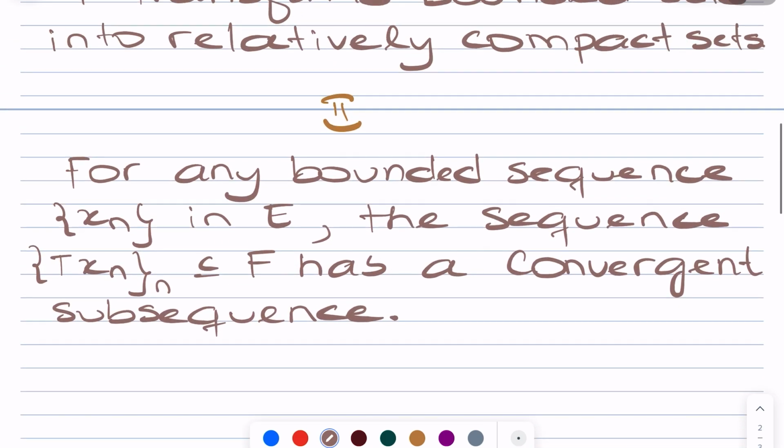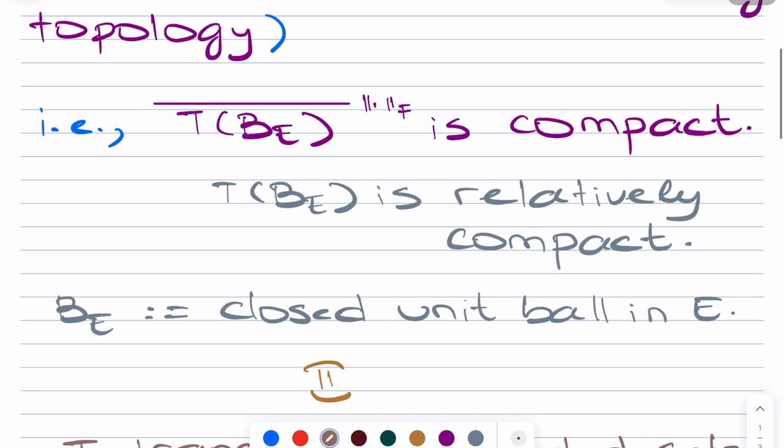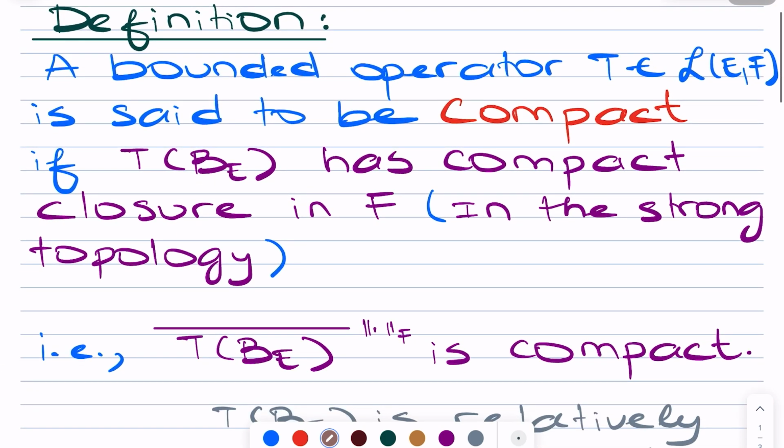And also just to bring this to your attention, in the definition you can even forget about boundedness, right? You don't need it actually, because the compact operator is already bounded. So you can just use linearity: a linear operator T is said to be compact if the image of the closed unit ball has compact closure in F, right?